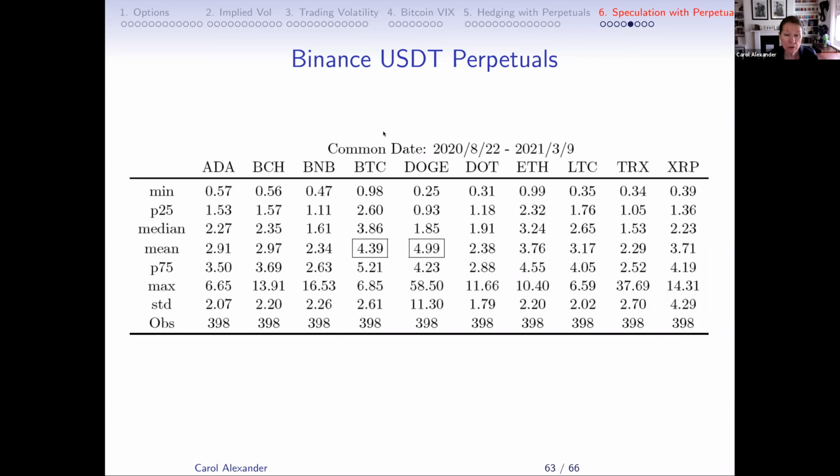And so on the USD Tether, we see that the largest average speculation is Dogecoin and Bitcoin, much less speculation both in mean and in the maximum, but there can be speculation on these coins like Bitcoin Cash, BNB.